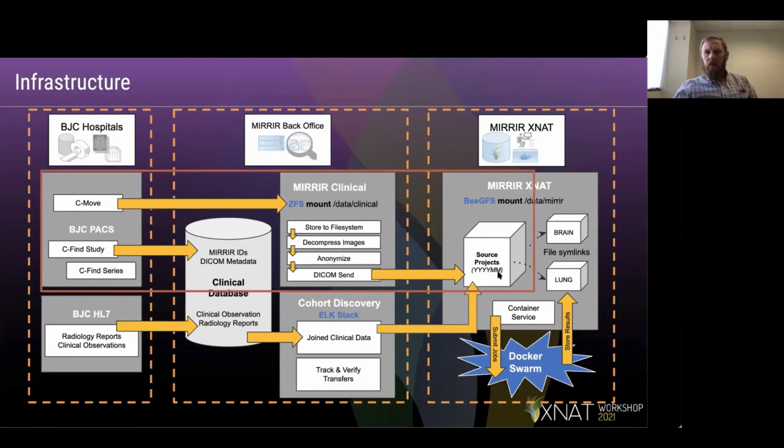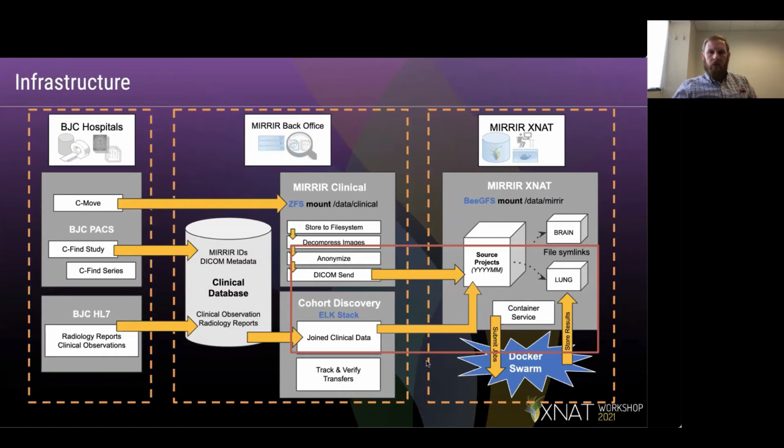The point is we want to stage all of the imaging as fast as we can, because when we move to these research projects, we want to have that deployed and available for research as soon as possible. This will help researchers, as well as the stuff you guys were talking about that will become more and more automated. We don't want to have to do big data transfers constantly.